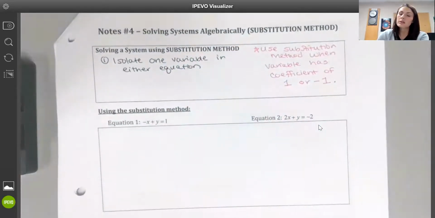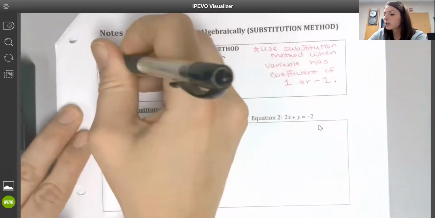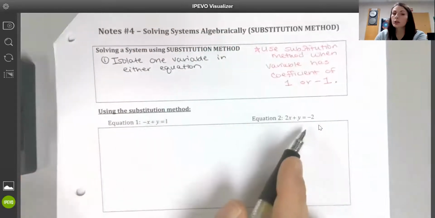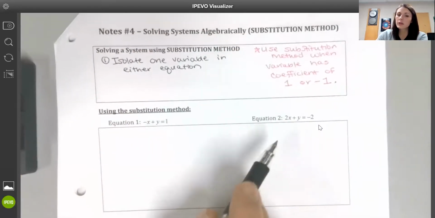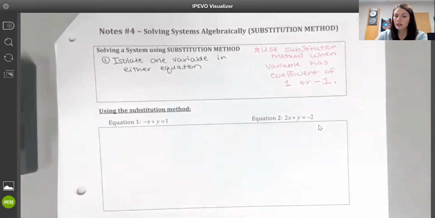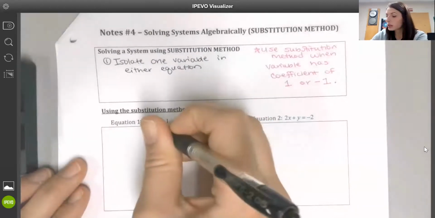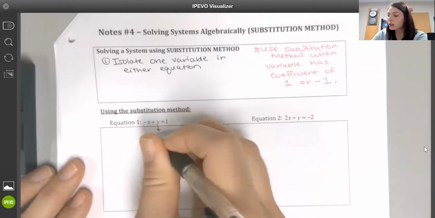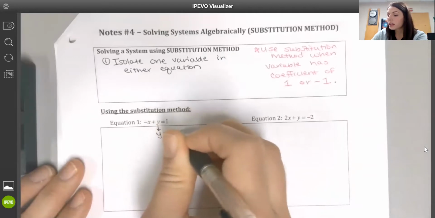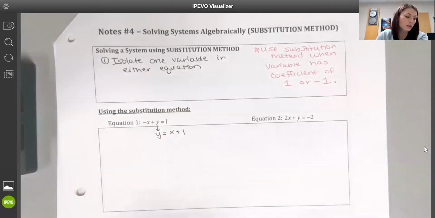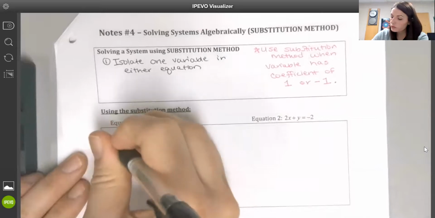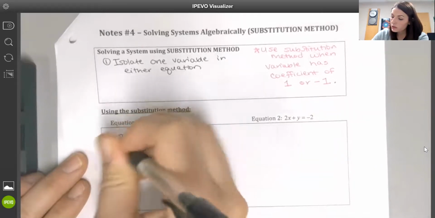Looking at the system that I have down below gives me equation 1 and equation 2. There are several variables that would be easy to isolate here. I'm going to choose to isolate y in this equation by adding x over. So there's my step 1: isolate a variable.